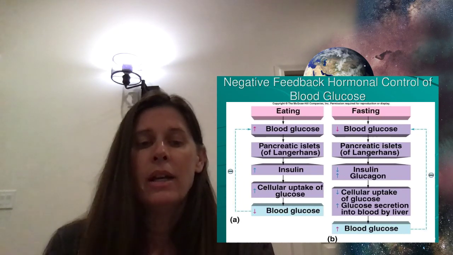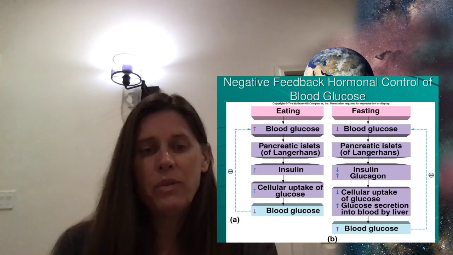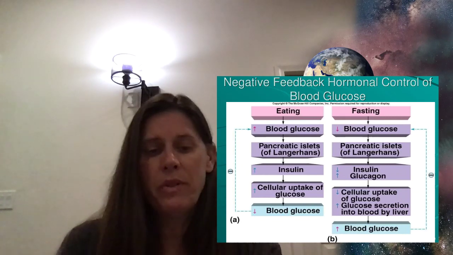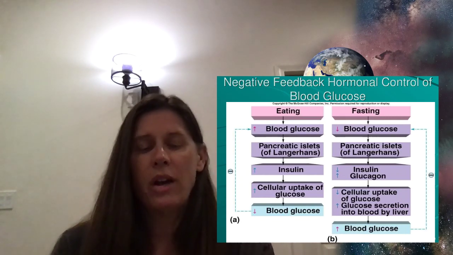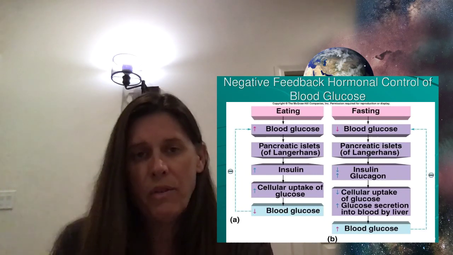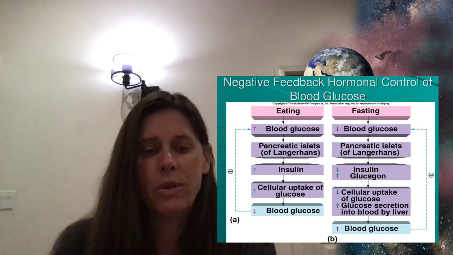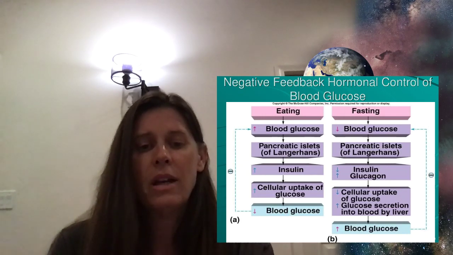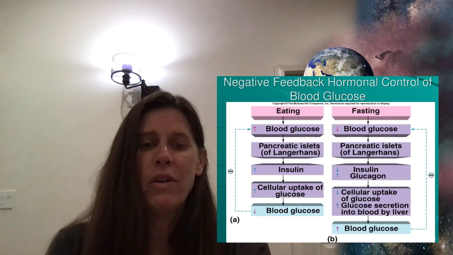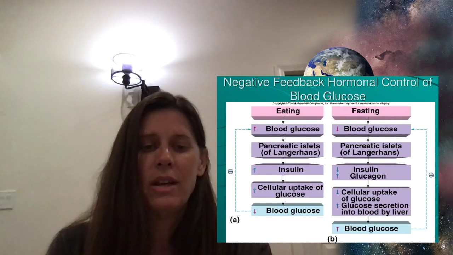So that causes these cells, adipose tissue, those other cells, to stop taking glucose out of the blood. And it will also cause the liver to start secreting glucose back into the blood. The liver is a great storage organ for glucose. And the effect, blood glucose levels go back up, right? That reverses the original condition. So that's negative.